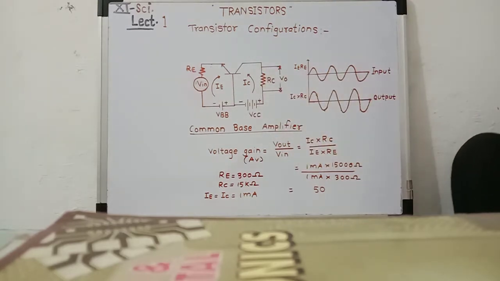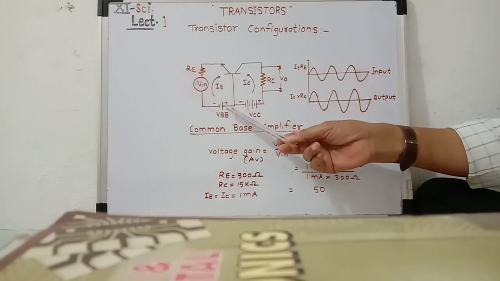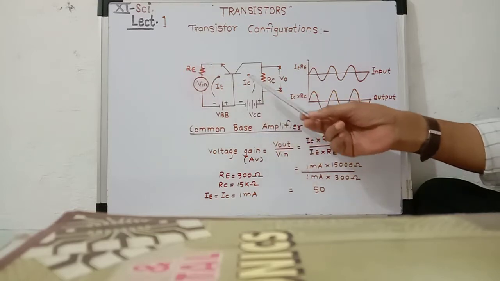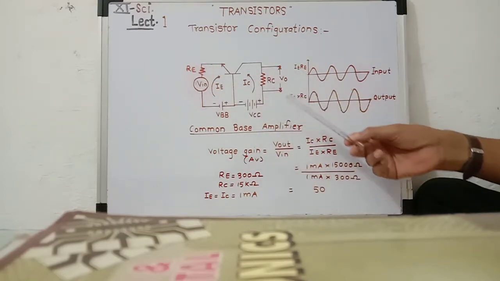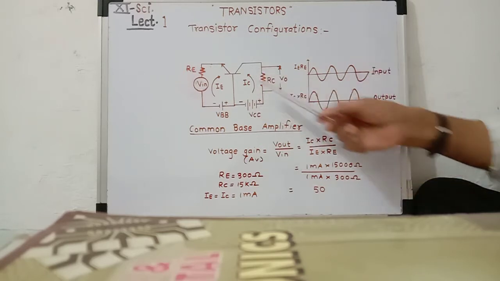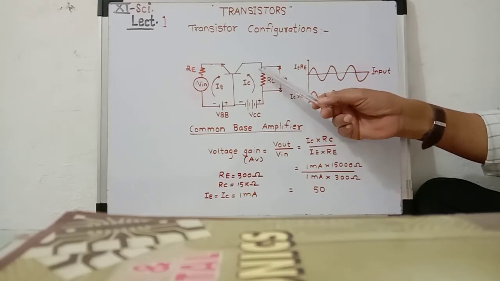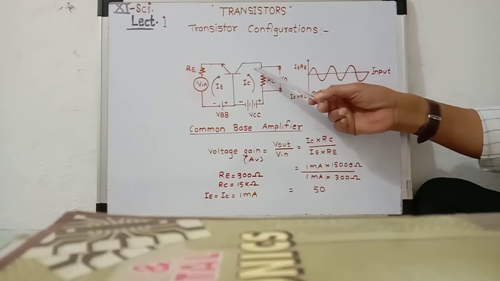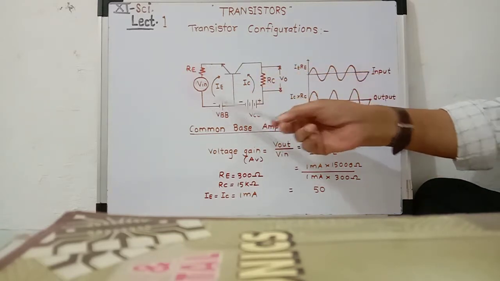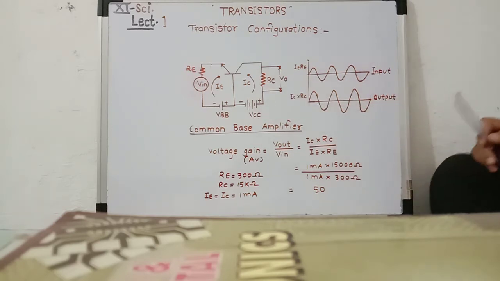The input signal is applied between base and emitter, and the output is taken from collector and base, across RC. That is VO.